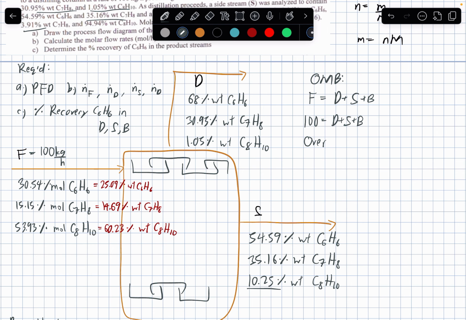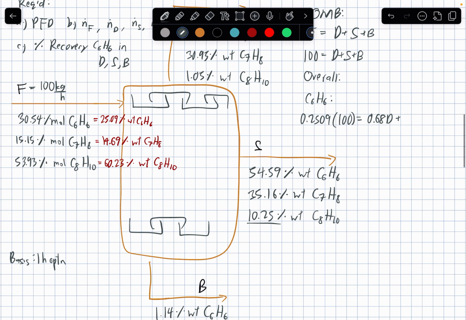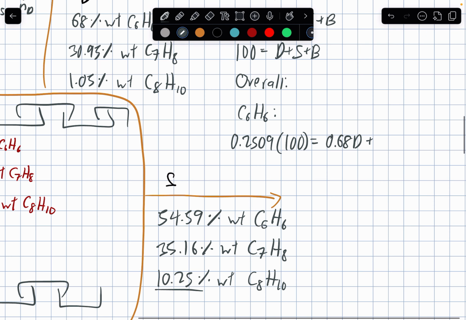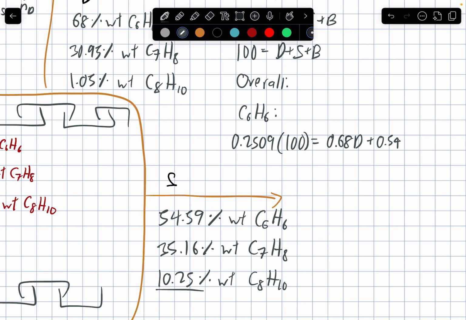So overall balance, let's start with C6H6. 0.2509 times F is equal to 0.68D plus, in the side stream, 0.5459S.